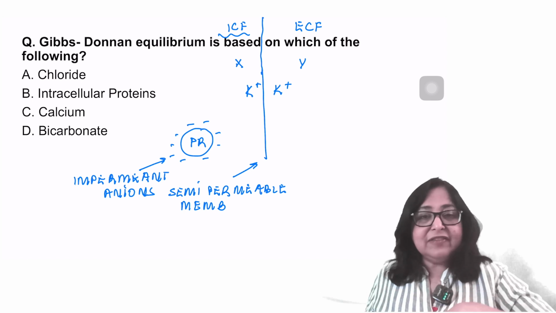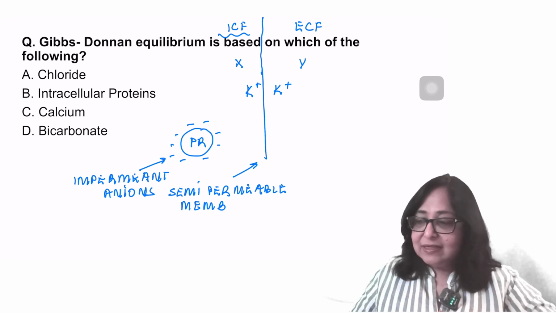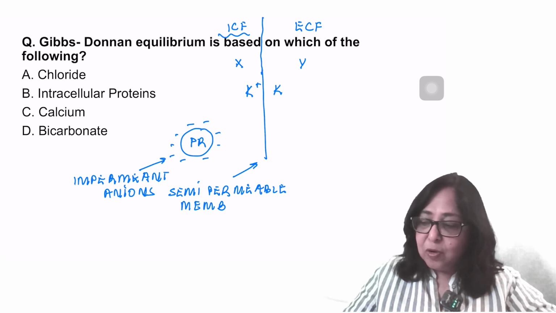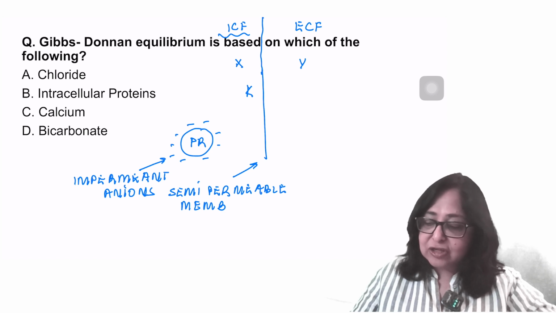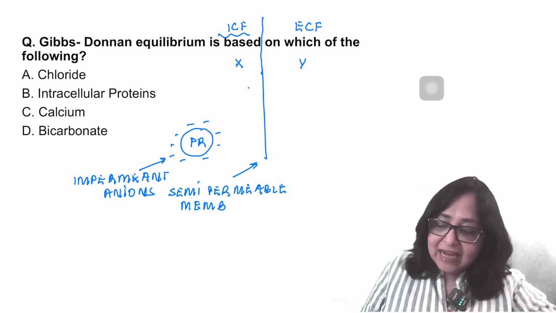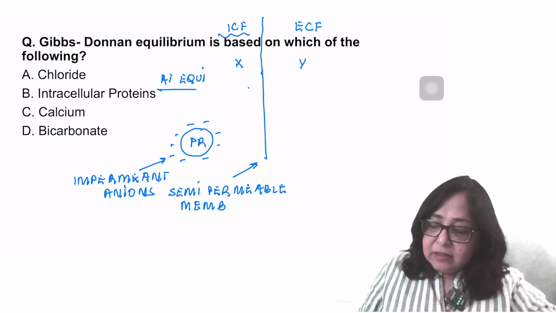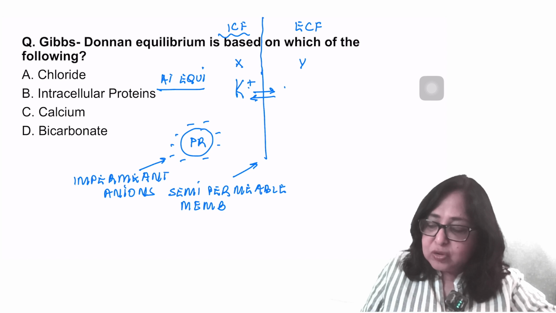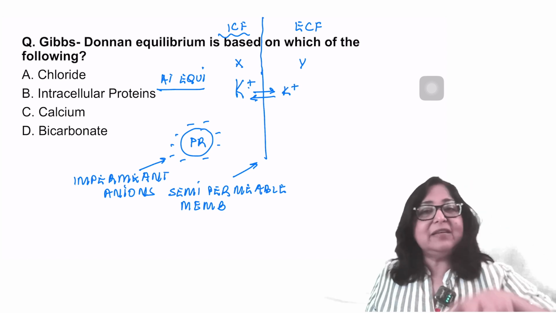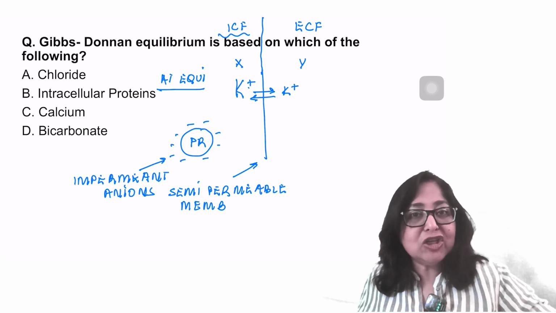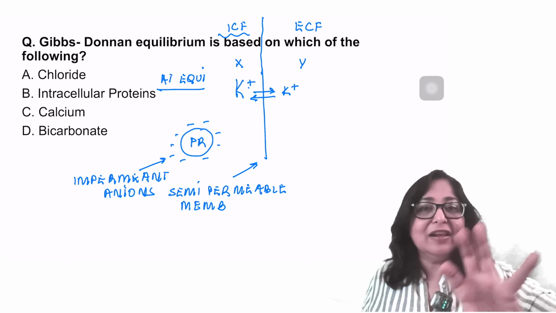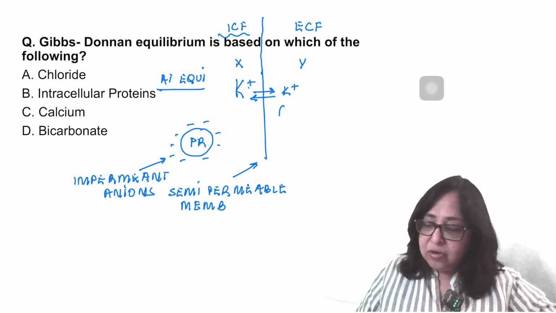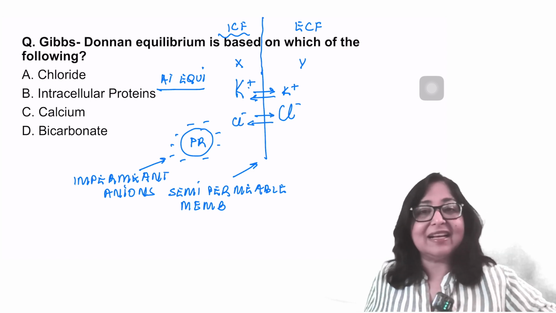Now, these negatively charged proteins will attract the positively charged potassium so that at equilibrium, there is more potassium in X as compared to Y. And similarly for chloride, chloride is a negatively charged ion, so proteins will repel chloride. So there will be more chloride in Y as compared to X.